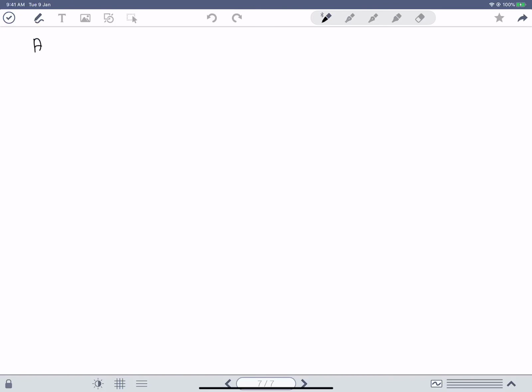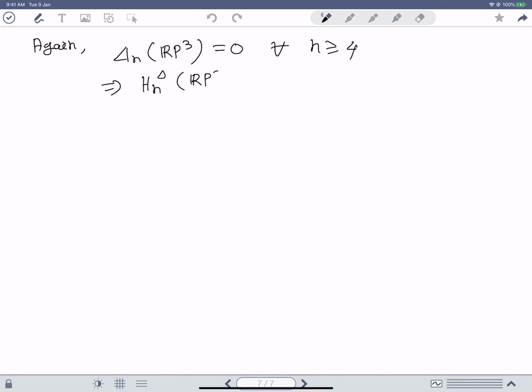Now again, delta n of RP3 equal to 0 for all n bigger or equal to 4. Now that implies Hn delta RP3, which is kernel of del n quotient with image of del n. Now if n greater or equal to 4, then all of them are 0, so this is just 0.